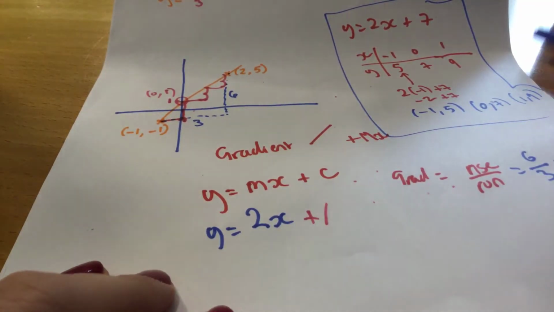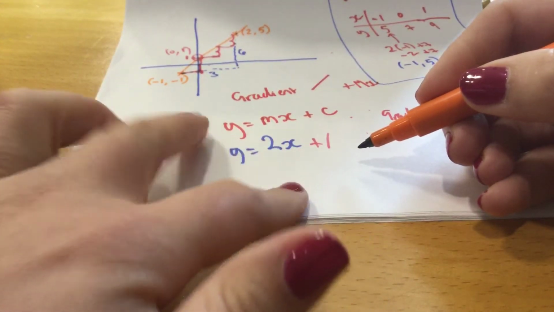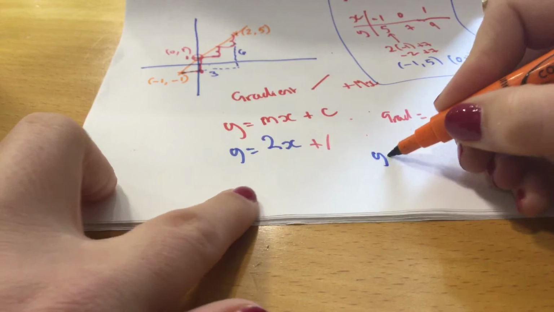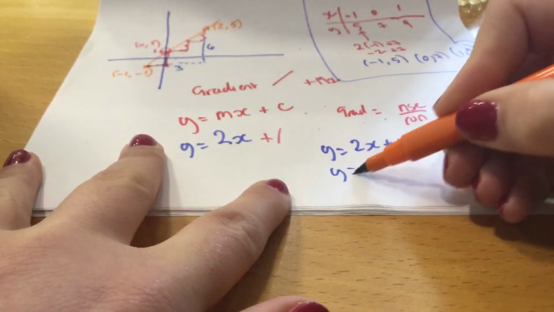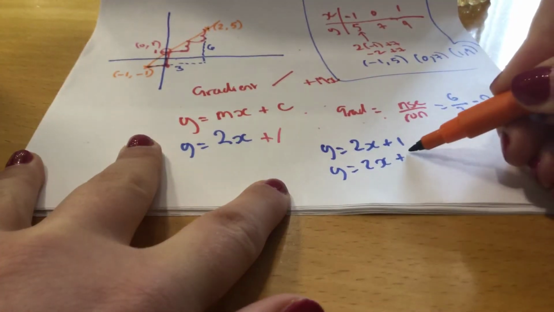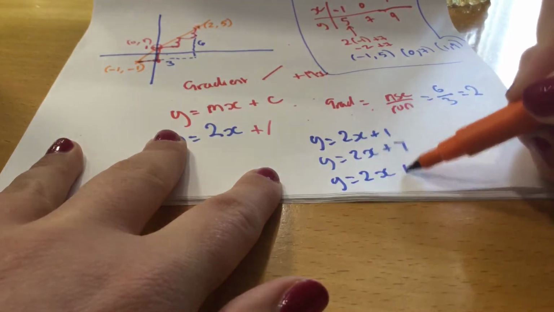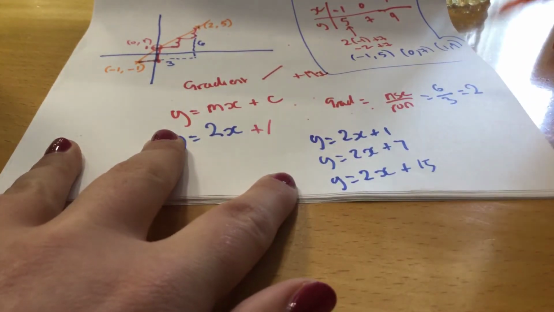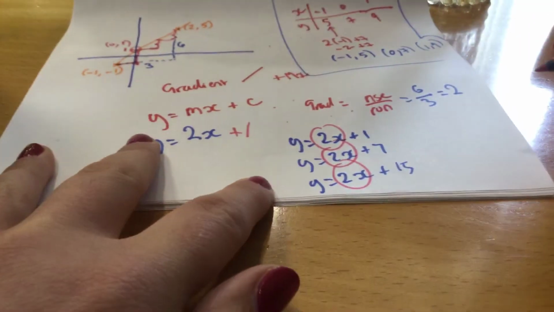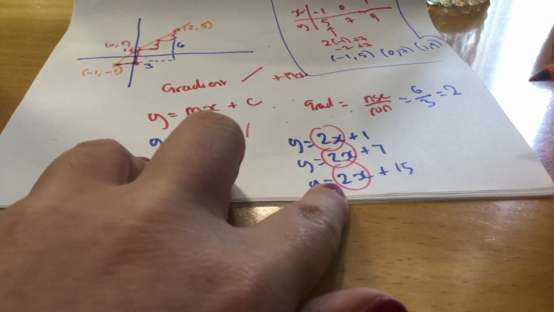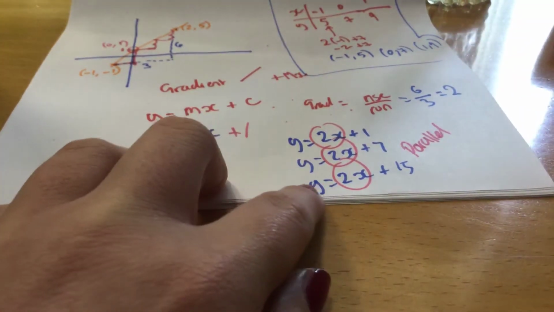Now, on a final note, I'm going to tell you that when you have gradients, if you've got a couple of different lines, for example, y equals 2x plus 1, and maybe you had y equals 2x plus 7, maybe you've got y equals 2x plus 15. Because all of these lines have a gradient of 2, and I know that because they all start with 2x, that means they are parallel, okay?